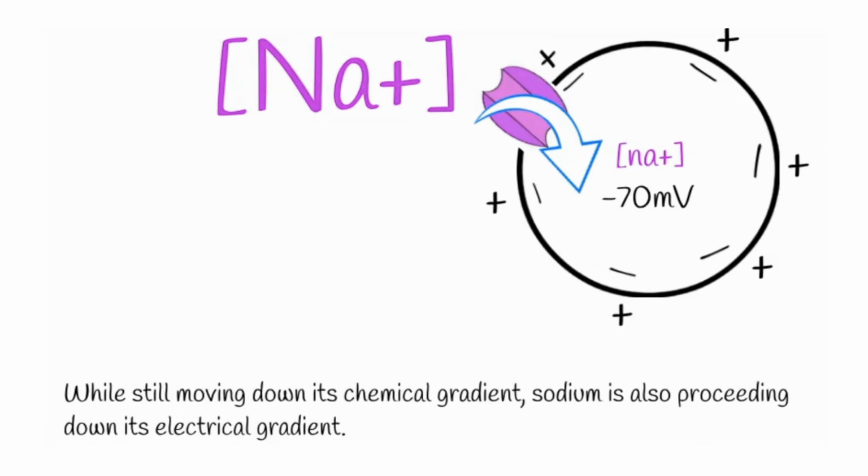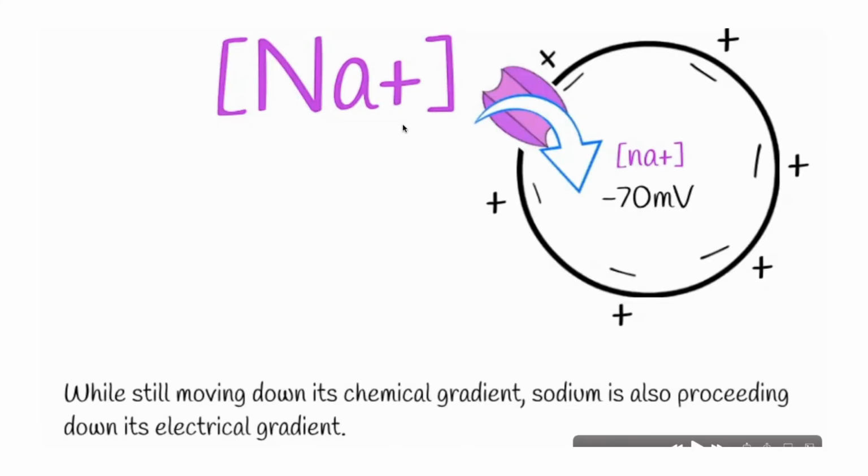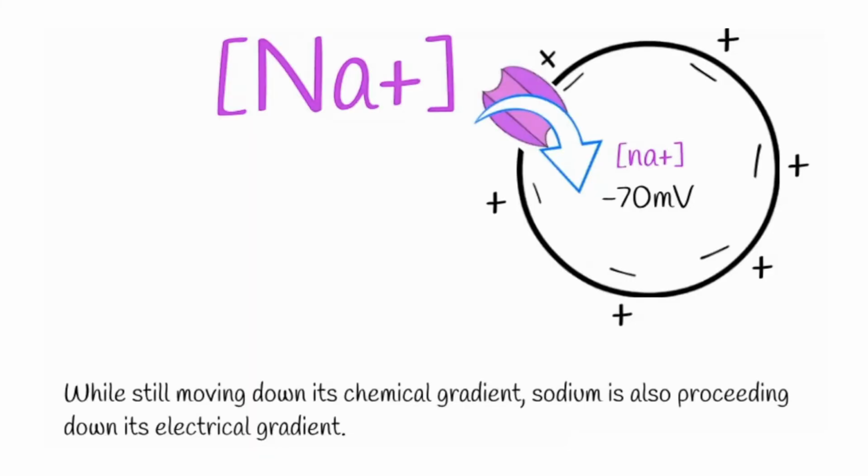The electrical gradient is merely the positive charge of sodium. Sodium overall is positive, and the positive sodium is attracted to the negative of the interior of the cell. And that is sodium's electrical gradient.